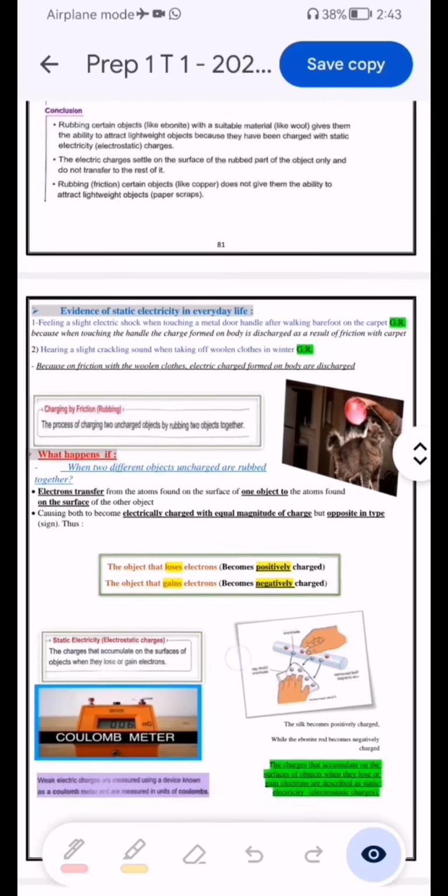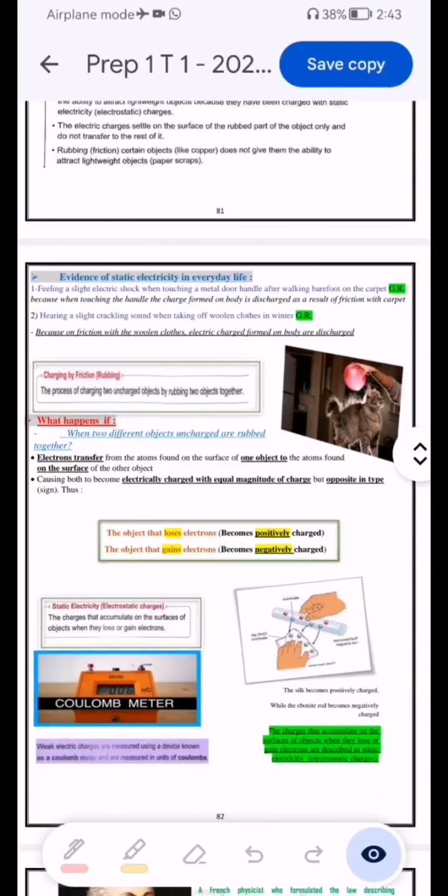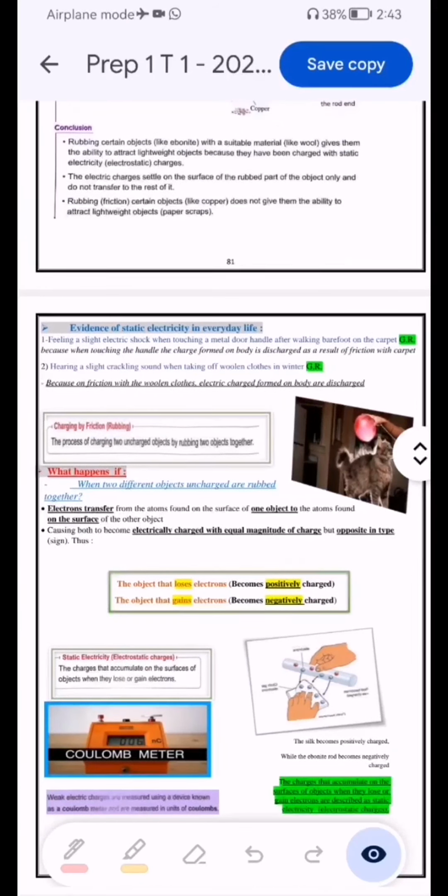Okay, number 2: hearing a slight crackling sound when taking off woolen clothes in winter. When you take off the clothes, you hear a sound like a crackling sound. Okay, why? Because friction occurs between you and the woolen clothes.